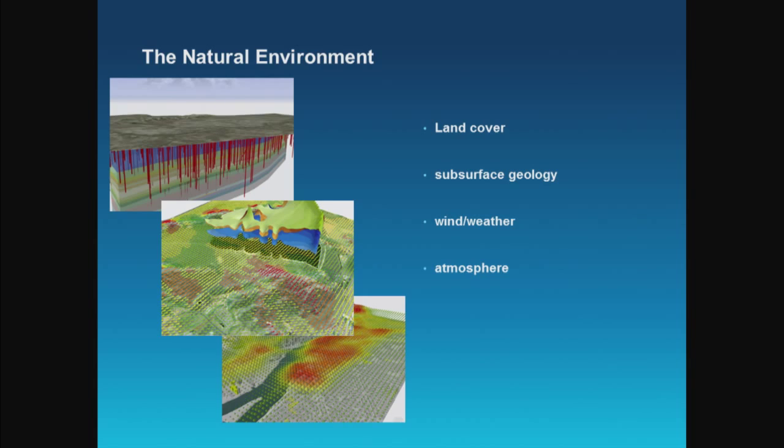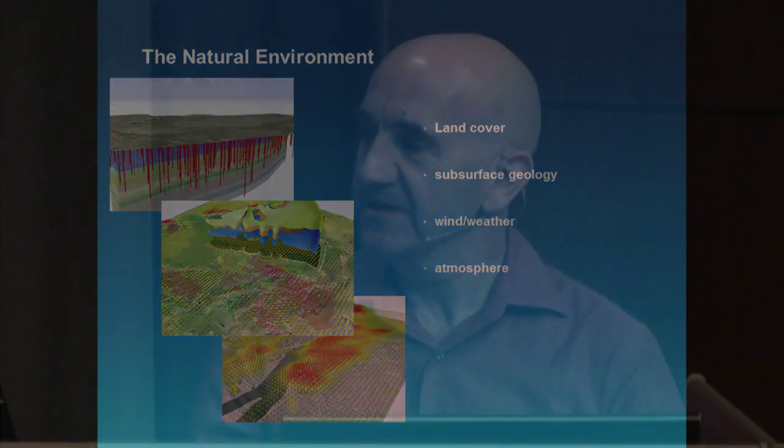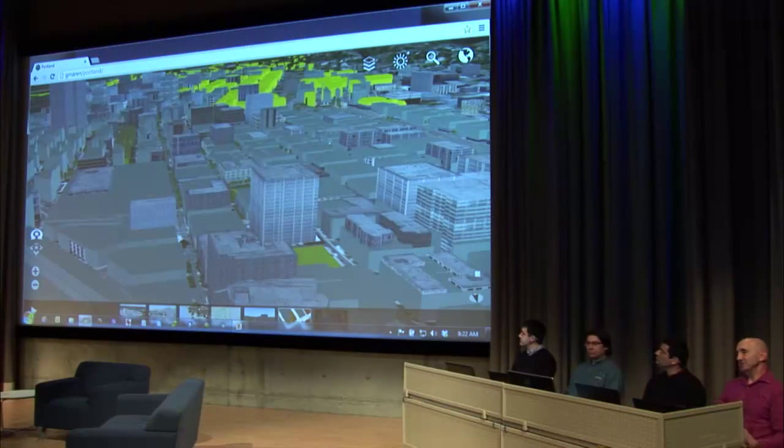So going back to the web scenes that we saw earlier, we've now been able to take that and publish those out. You can create your models, then take your existing 3D environment.